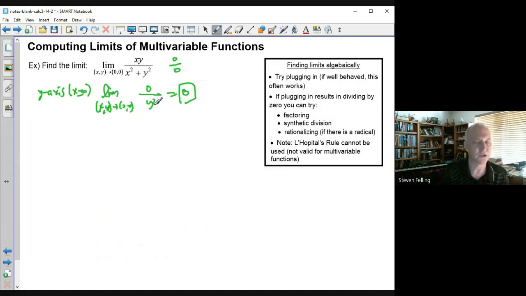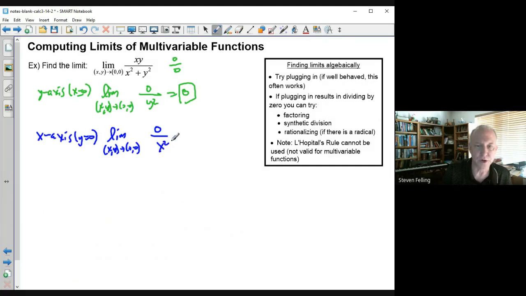So 0 over a small number is still 0. So we can compute that limit on that pathway. Okay, for the x-axis, let's try that next. The x-axis is where y would equal 0. So if we did the limit as (x,y) approaches (0,0) here, but using y as 0, then we would have 0 over x squared, which also is 0. So far it's looking like maybe it's 0. So let's try another one.